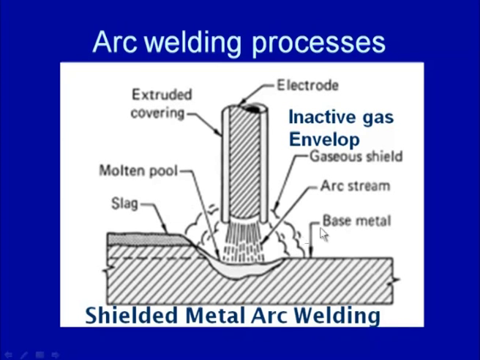That is why the quality of the weld joint produced by the shielded metal arc welding process is not that good, because this approach, although it helps in protecting the weld pool from atmospheric contamination to some extent, does not eliminate all the atmospheric gases, and their entry is not completely restricted. That is why for higher quality weld joints the shielded metal arc welding process is not used.